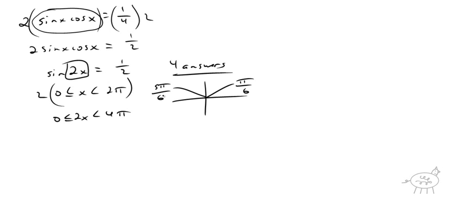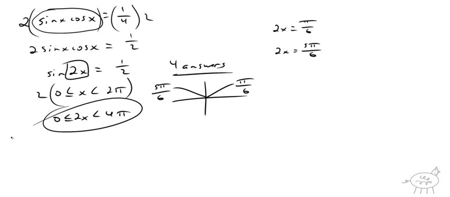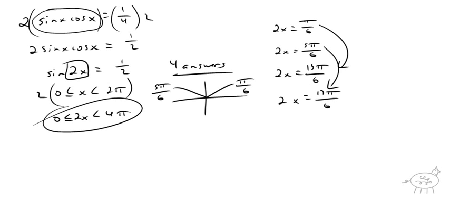Okay, so we're going to have our answers as 2x equals pi over 6 and 2x equals 5 pi over 6. And remember, 2x is between 0 and 4 pi. So I know I have four answers total, so double the number of answers. So again, I add 2 pi to this and add 2 pi to this. So I get 2x is equal to 13 pi over 6, and 2x equals 17 pi over 6.